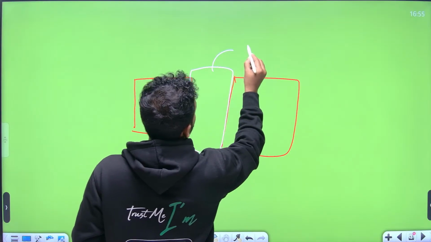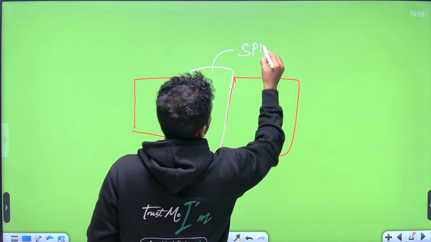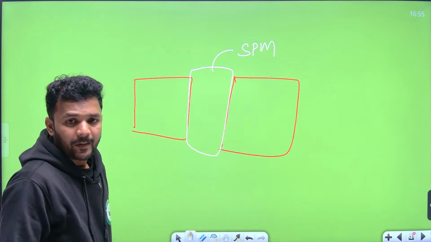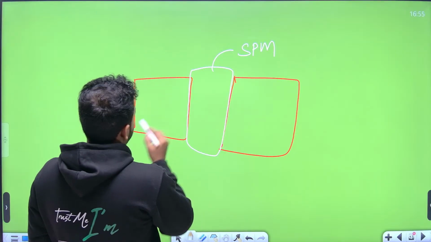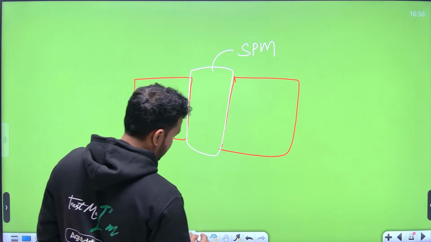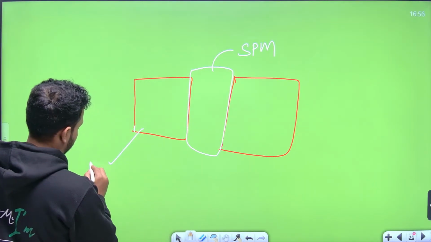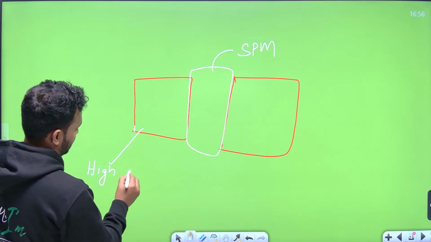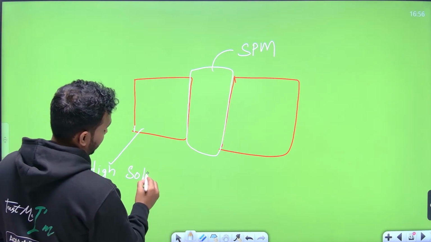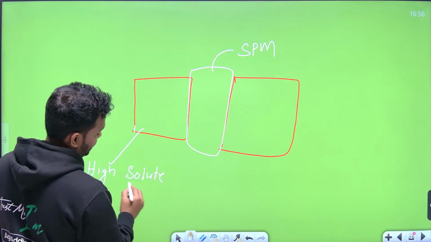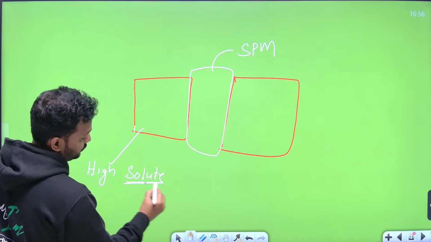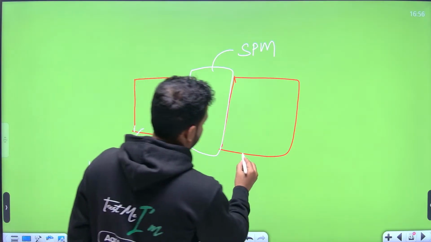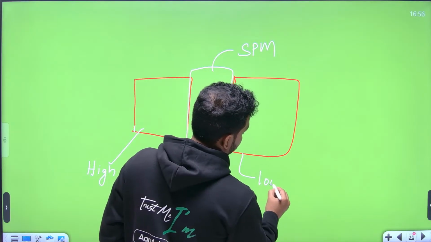This is the semi-permeable membrane, okay, and here this is high solute. High solute. Please focus on solute, not solvent. Here it is low solute.